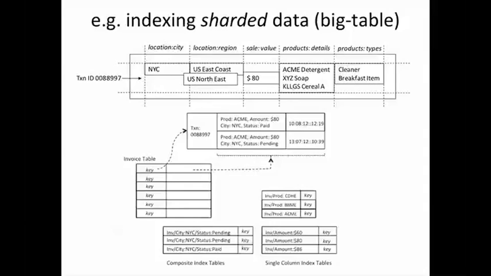For example, let's take our big table of records which indicate invoice transactions, which are to do with billing of some kind for some products. So our main table is the invoice table, which has keys, which is the transaction, which might have different values for different timestamps, as we've discussed earlier.